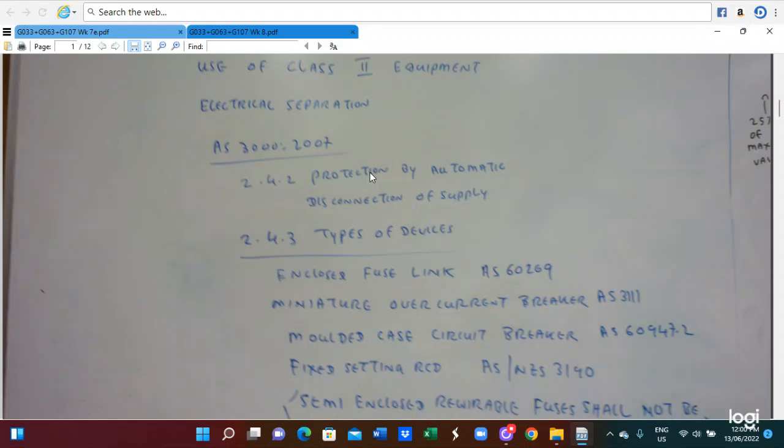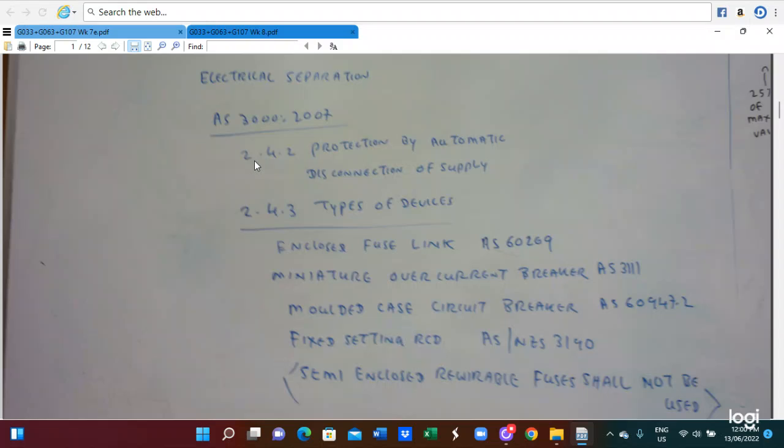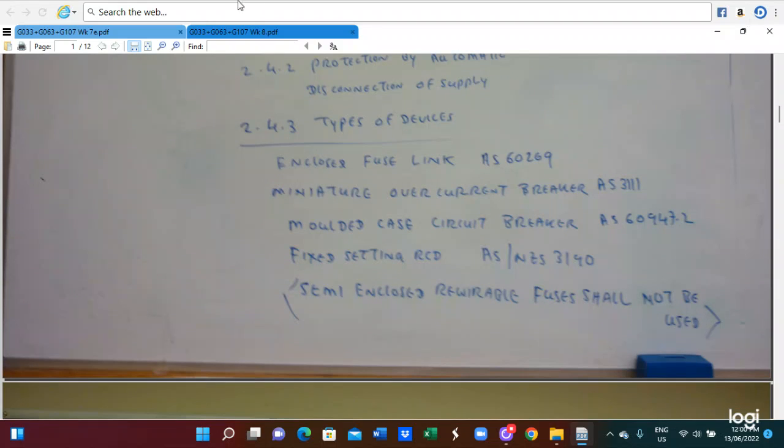So in the AS/NZS 3000 standard, we have to follow clause 2.4.2, protection by automatic disconnection of supply, and 2.4.3, which covers the devices.